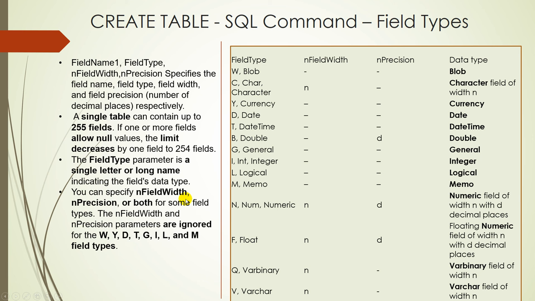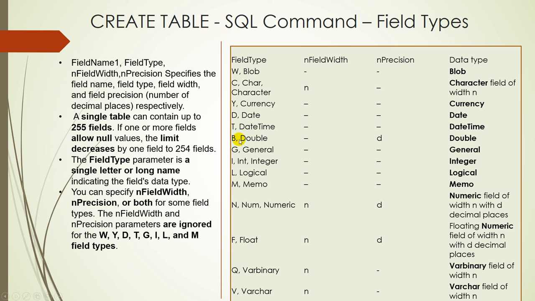For example, C as a character, or Y as a currency field, D for a date field, or T for time and date together, date-time.